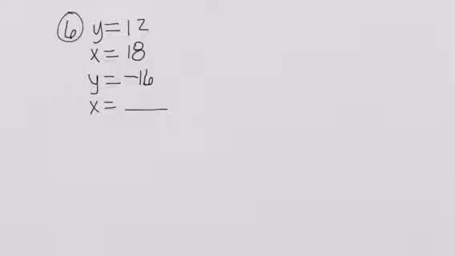All right, we're going to go ahead and find our constant of variation k, and we're also going to find our equation, and then we have to find our missing x. So because y varies directly with x, we're going to start with our formula. Y is equal to kx.